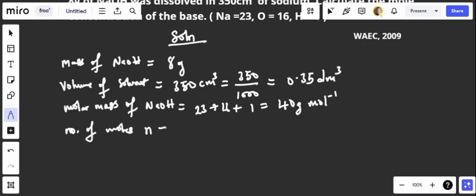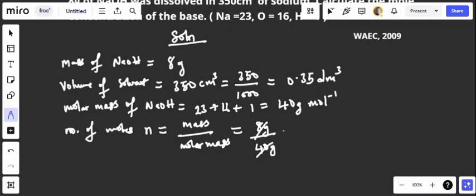So number of moles, n, equals to what? Mole is usually equals to mass over what? Molar mass. And the mass that took part in this is 8 grams divided by the molar mass, 40 grams.